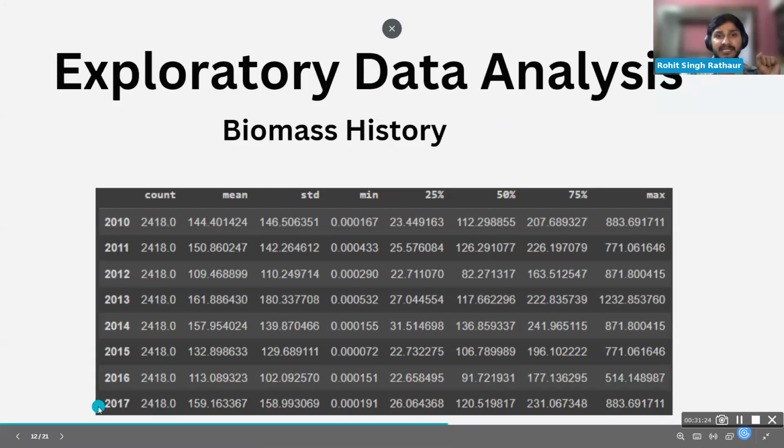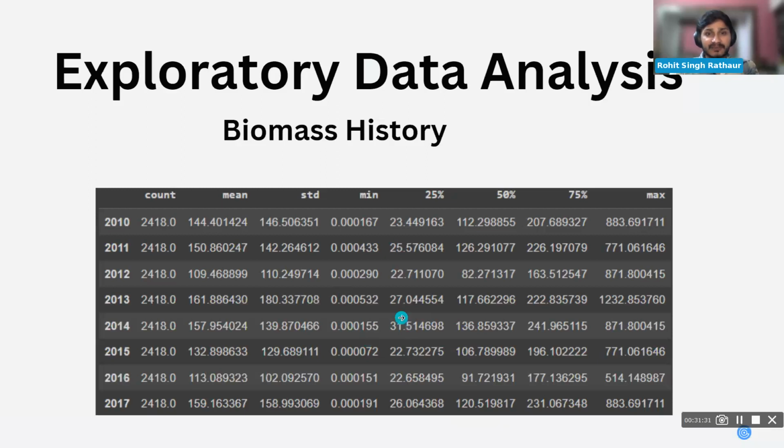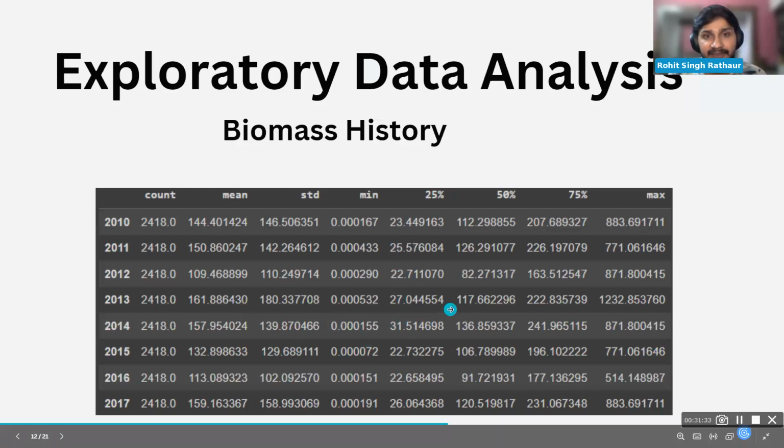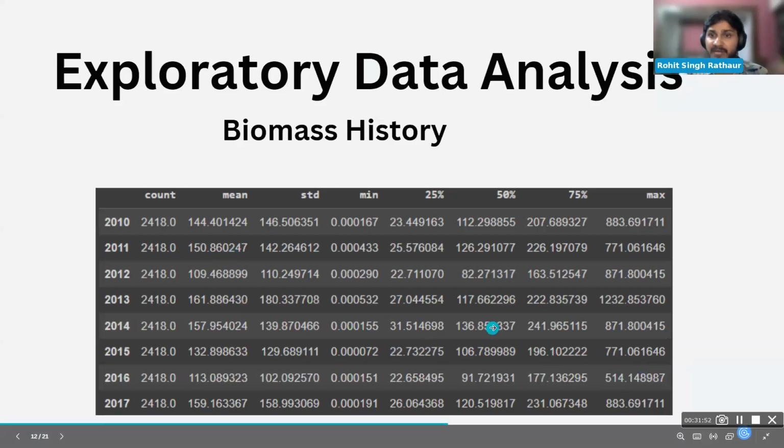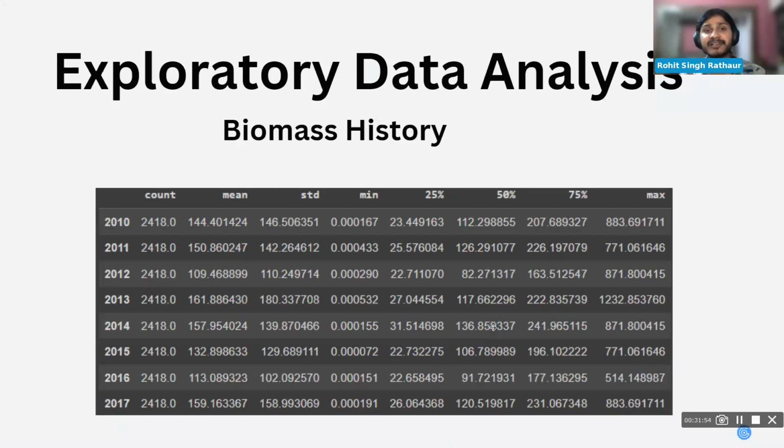Before moving to the next slide, first I will talk about this particular table. This biomass history data did not contain any missing values, which is a very good thing, as we don't have to handle missing data imputation. Now the summary statistics tell us about the distribution of biomass availability for each year from 2010 to 2017.